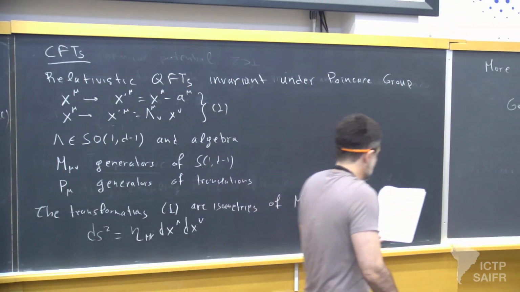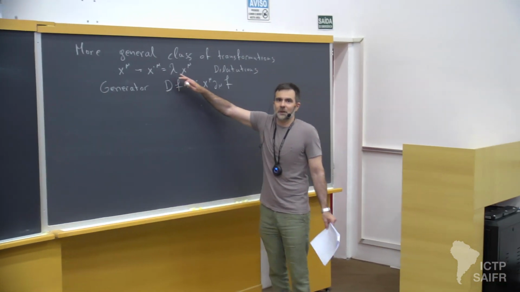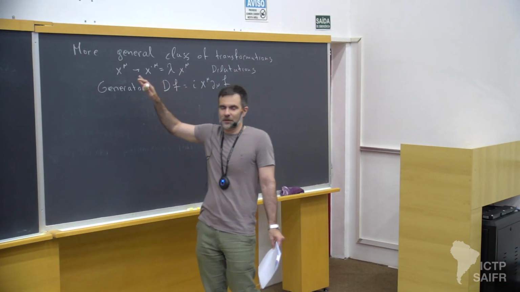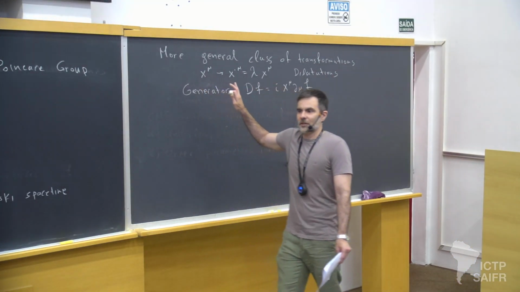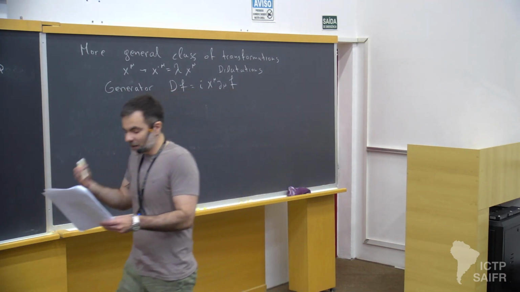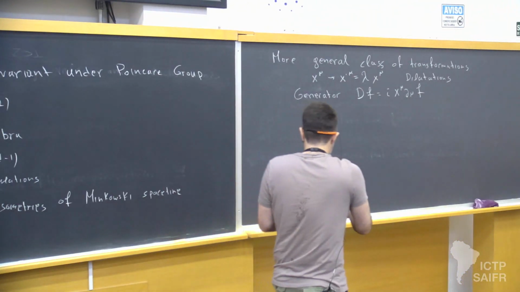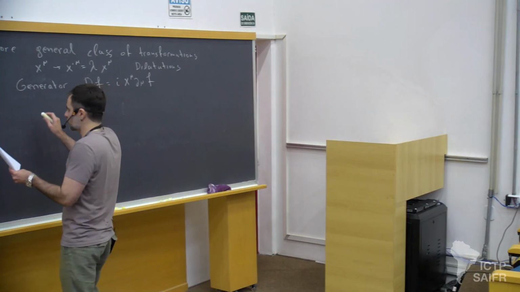Now, under a small set of assumptions, this is all you could ask from a relativistic theory to flow to a fixed point. However, you do get some extra symmetries in your theory, which are called the special conformal transformations.